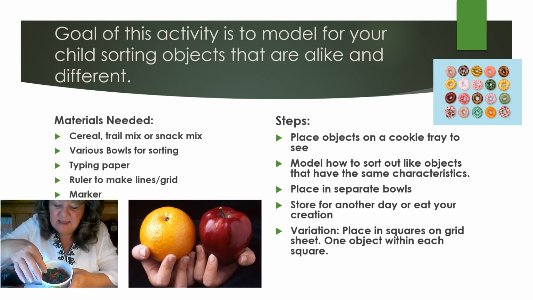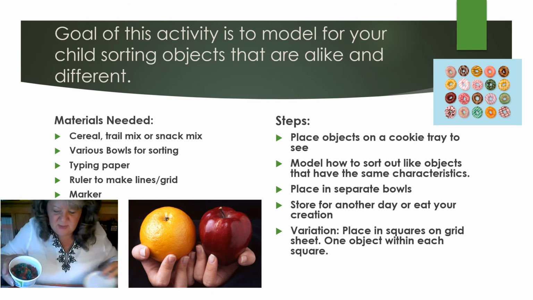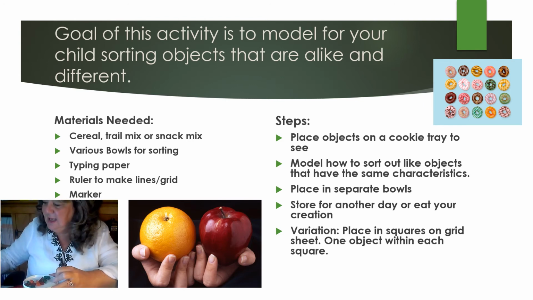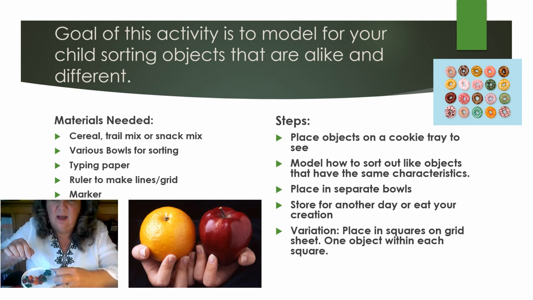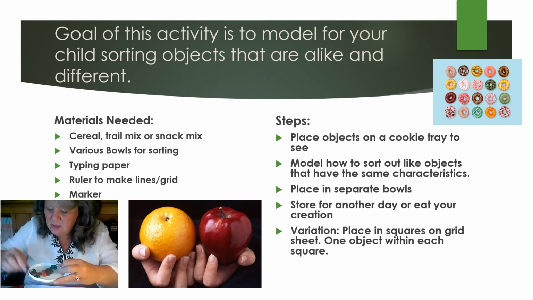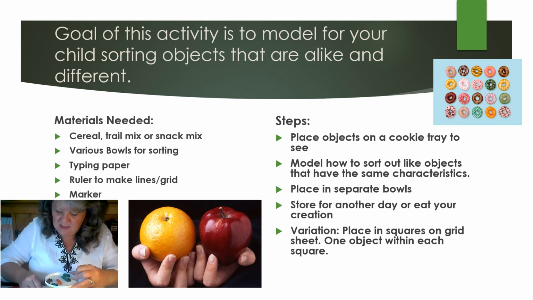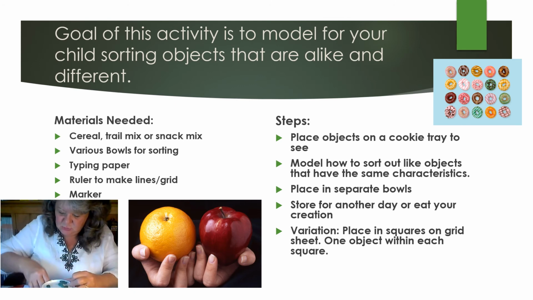What I did is I colored the macaroni noodles into different colors. And again, it's just another great example of having something to separate. You can either use the egg carton, or once again, you can use your grid paper to separate out the different colors to find out how many you have of each one.